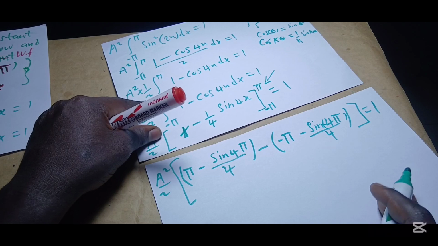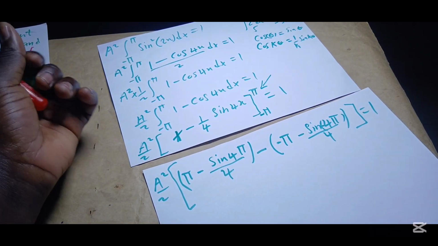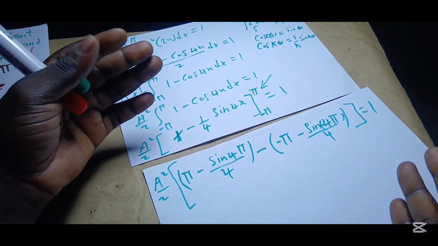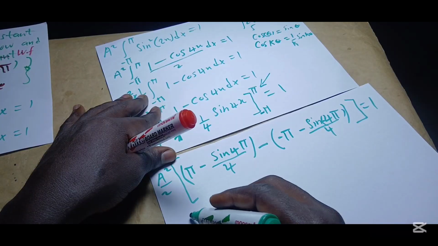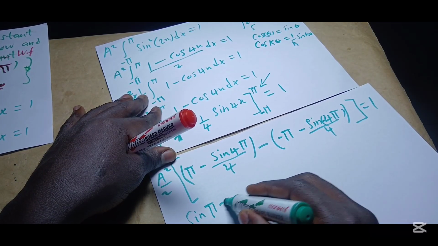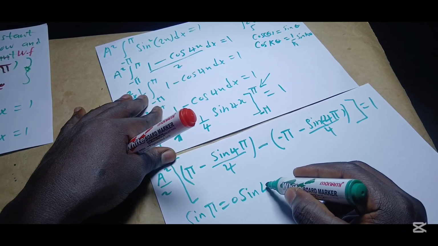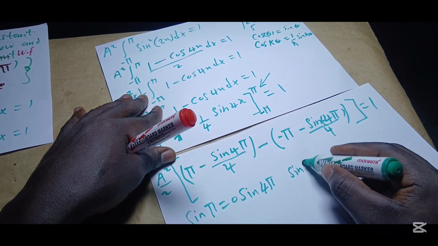So another identity that you need to know, because solving problems like this usually involves trig, sine or cos, just know the simple identities and you'll be good to go. So we know that anytime you see sine pi, it gives you 0. Sine constant times pi gives you 0. Sine anything by pi basically gives you 0.